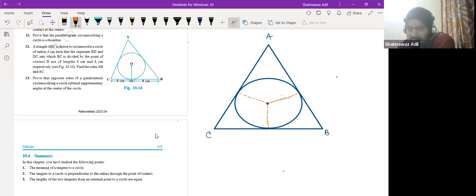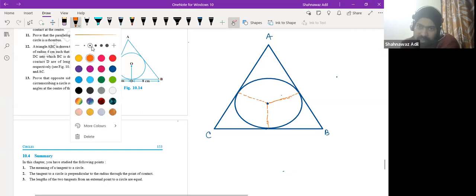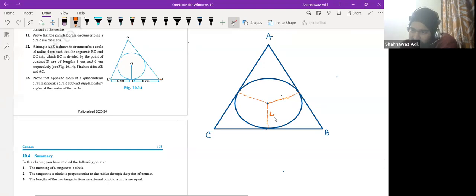And so all these are radii, and what they have given is 4 centimeter. This is 4 centimeter. This is 4, and this is 4. And we know that this is 8, right?